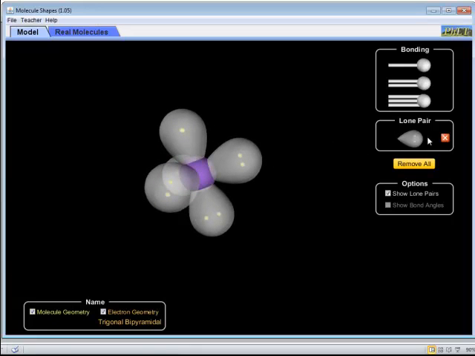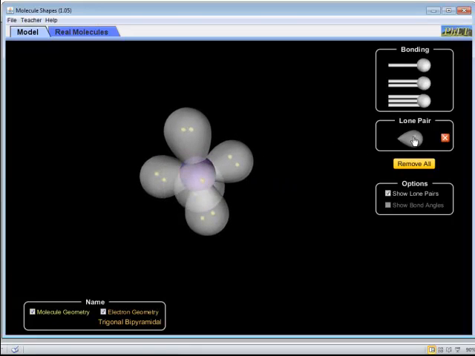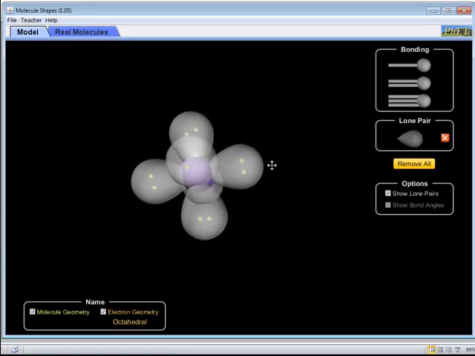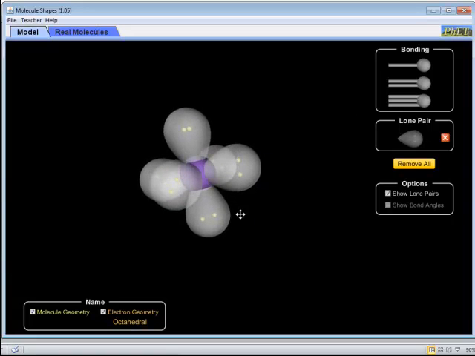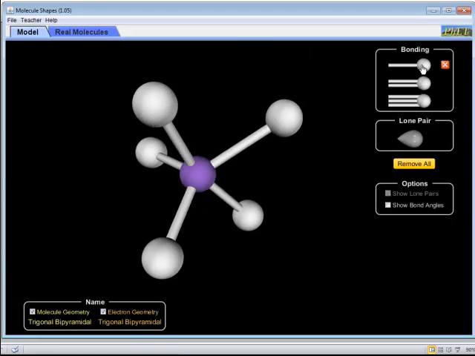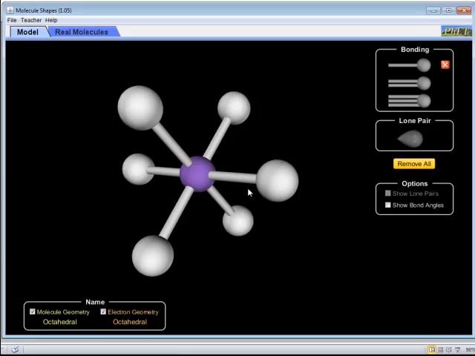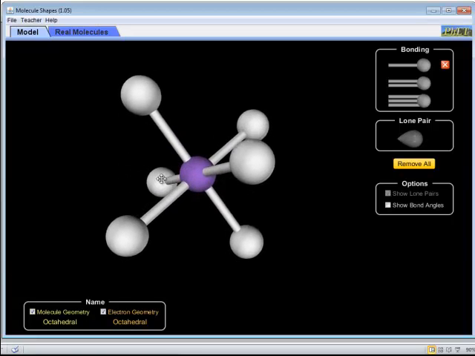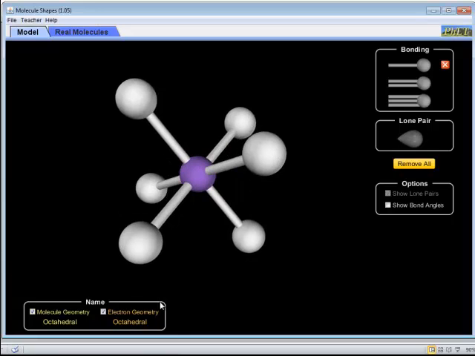Then we have, let's count how many we have. If you have 6, you can clearly see that instead of an equilateral triangle, now you have a perfect square going through it. If we have all 6 connected with surrounding atoms, as indicated here by the silver balls, we have a structure called octahedral.